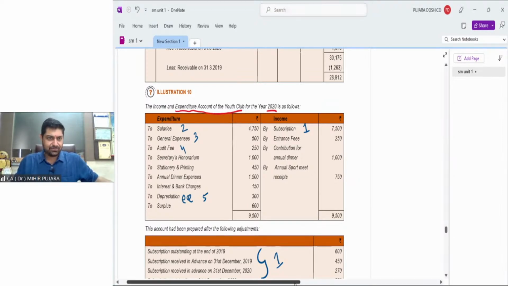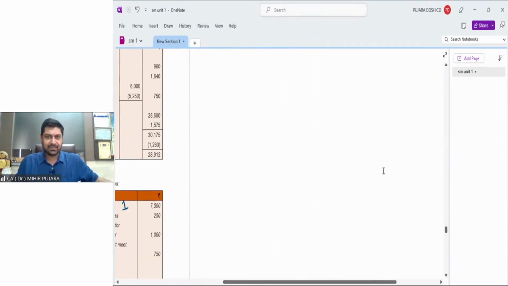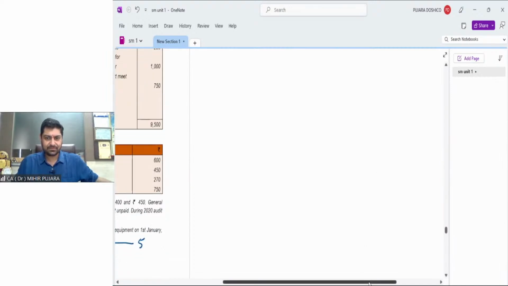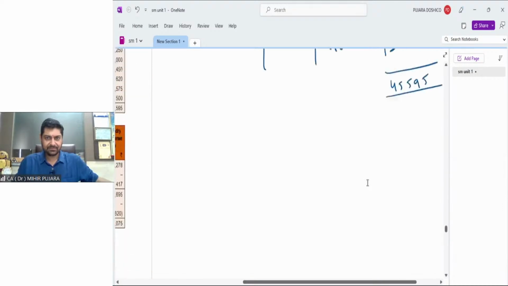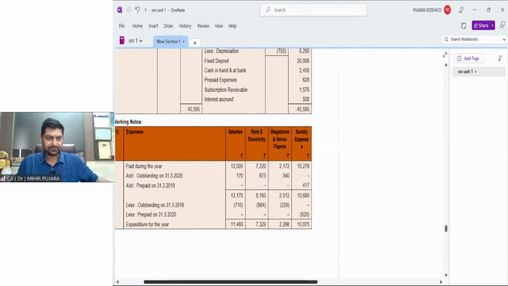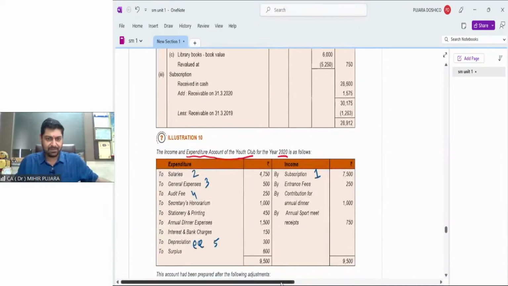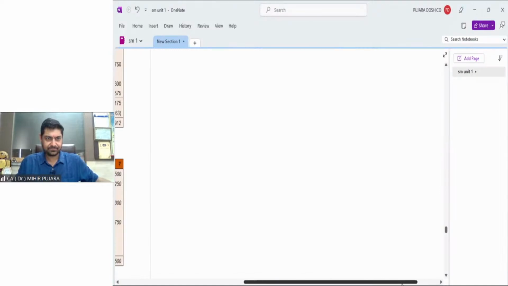Now, let's do very proper formats. Let's prepare the format from here only. Okay.